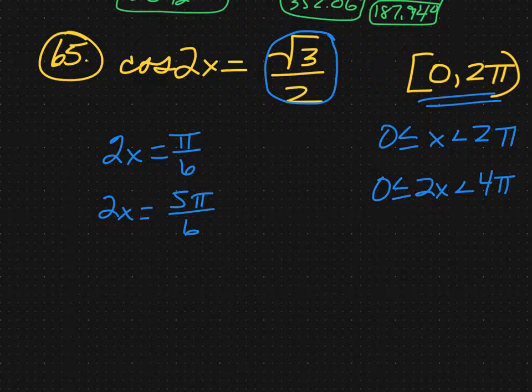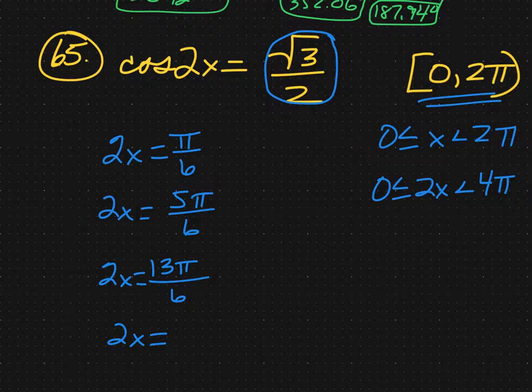If I add 2 pi to pi over 6, I get an angle that's coterminal with pi over 6. Well, if you do that, you'll get 13 pi over 6, because 2 pi is 12 pi over 6, plus pi over 6 is 13 pi over 6. And if you add 2 pi, or 12 pi over 6, to 5 pi over 6, you'll get 17 pi over 6.